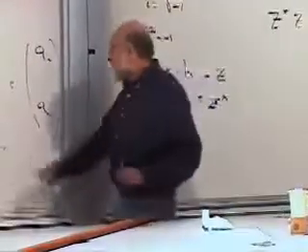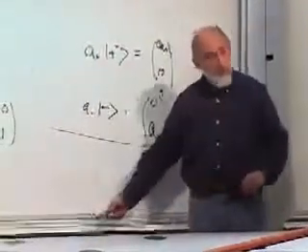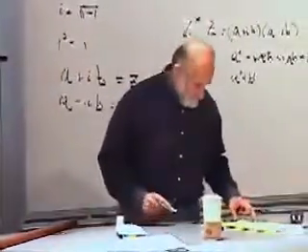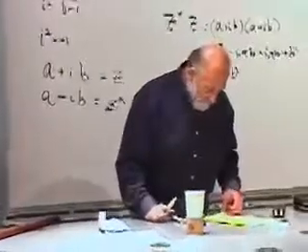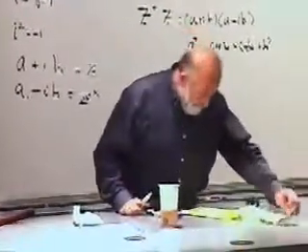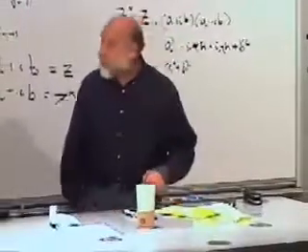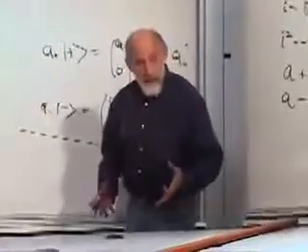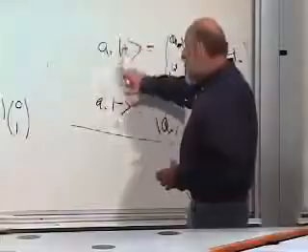And the coefficients that appear there, their squared magnitudes are the probabilities for the two configurations. The probability for up and for down. Now, as you can see, there are more possible physical states than just up and down. There are all the linear combinations.